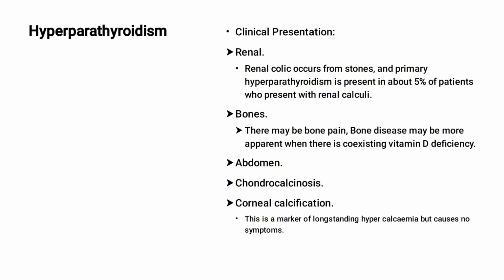Okay. And the last one, also an advanced stage of hypercalcemia, is corneal calcification. You see a calcification in the cornea of the eye, and in this case, it needs of course an ophthalmological referral and consultation, because the patient may lose their vision. Okay.